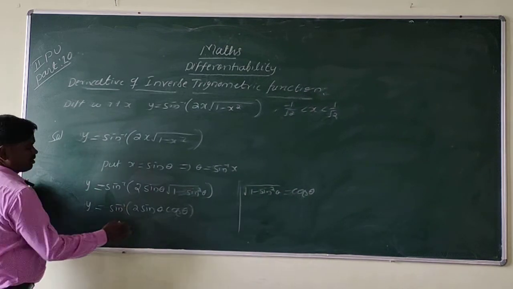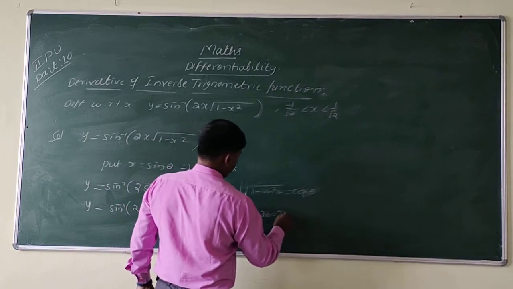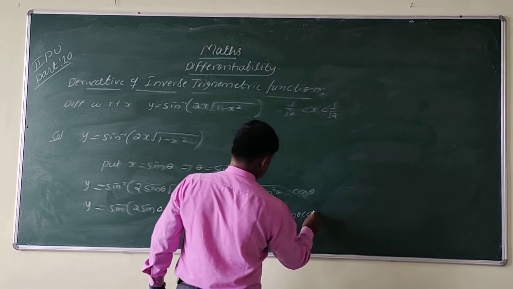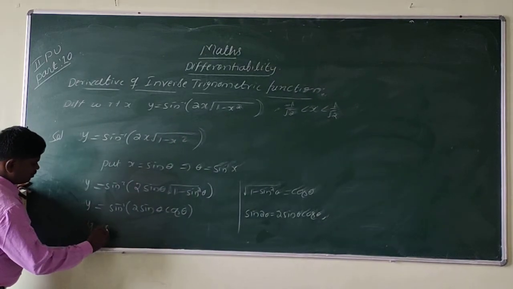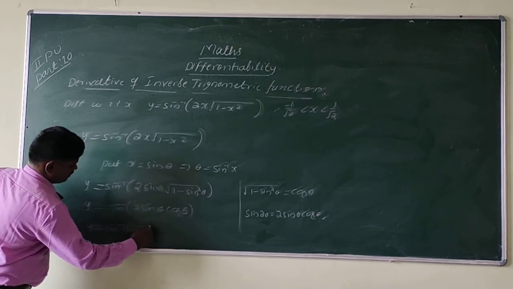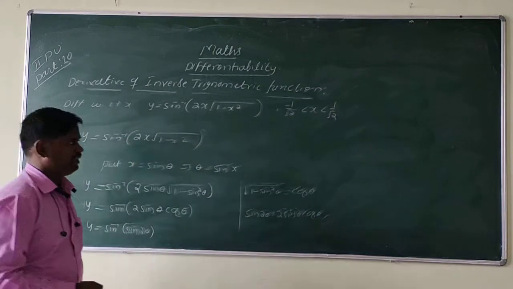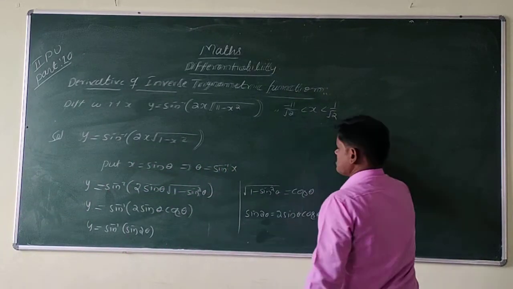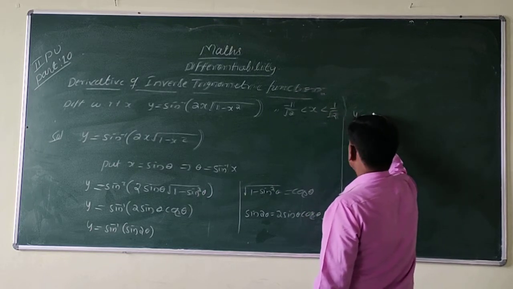Now we start from sin 2 theta, which is equal to 2 sin theta into cos theta. Therefore y is equal to sin inverse of sin 2 theta. By the given conditions, it satisfies. Given condition x between minus 1 by root 2 and 1 by root 2, that means 2 theta lies between minus pi by 2 and pi by 2. So y is equal to 2 theta.